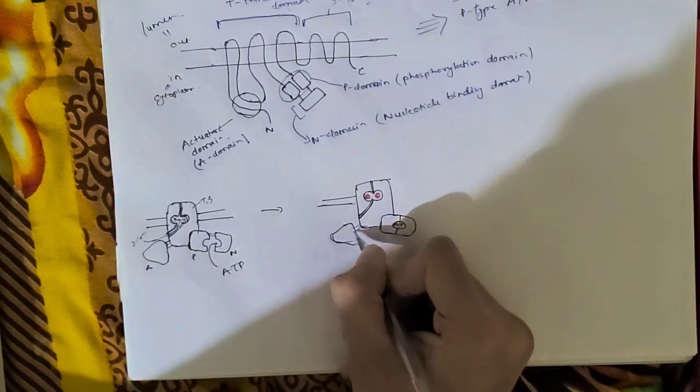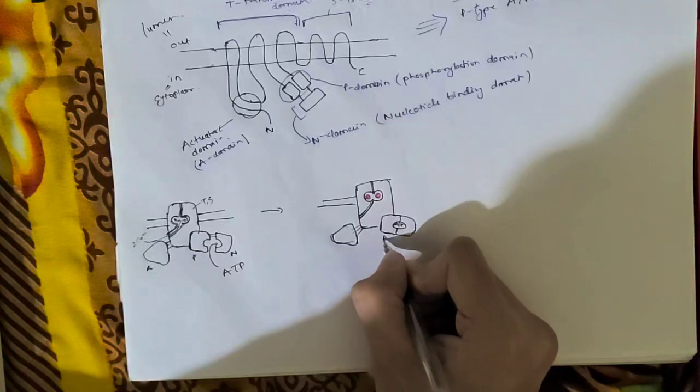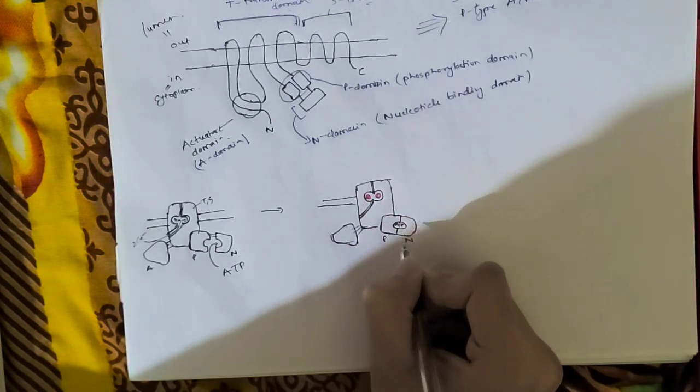There are no significant conformational changes right now in the A domain. This P domain and N domain have come into contact due to the ATP binding.